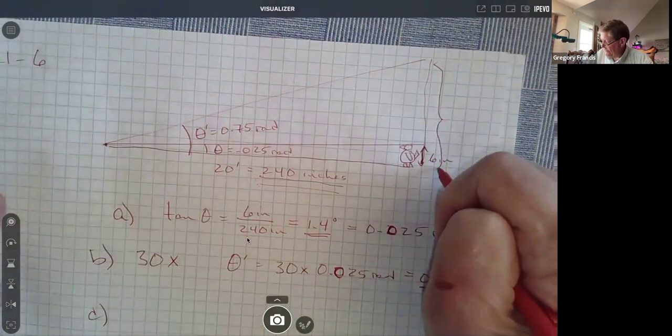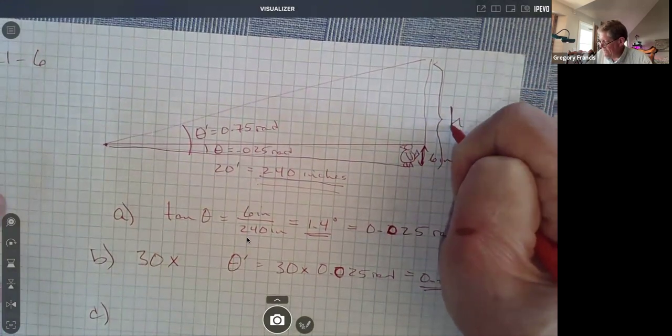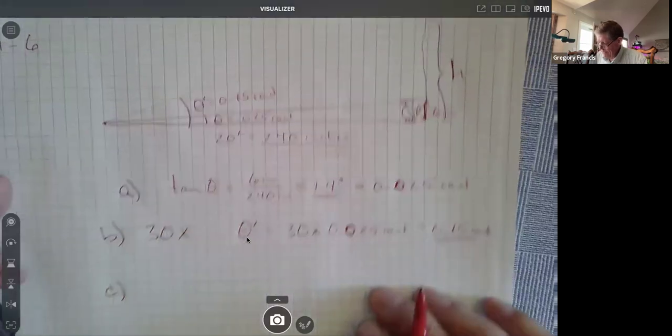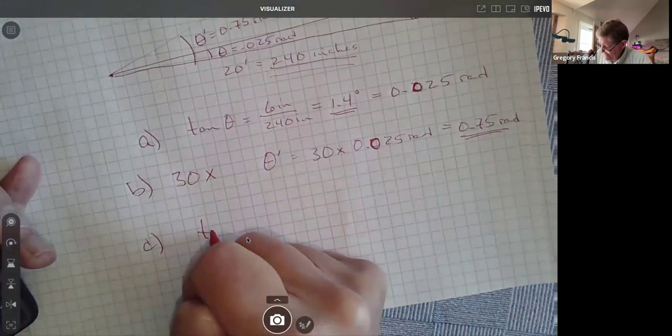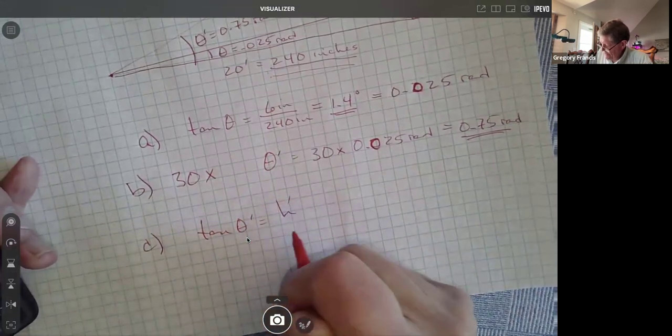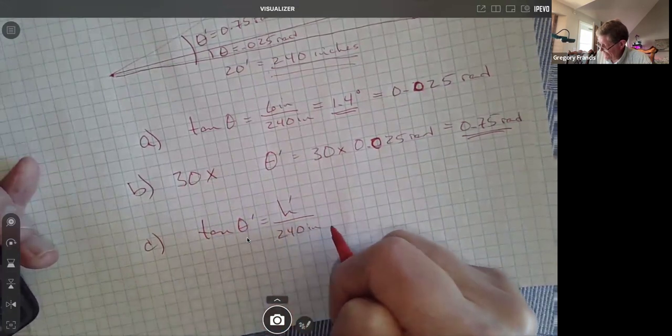And what we want is how high would a bird have to be to give me this same angular separation between the head of the bird and the feet of the bird with my naked eye? How big would that bird have to be? Well, I would get that with the tangent function, and that's going to be my new height divided by the 240 inches.